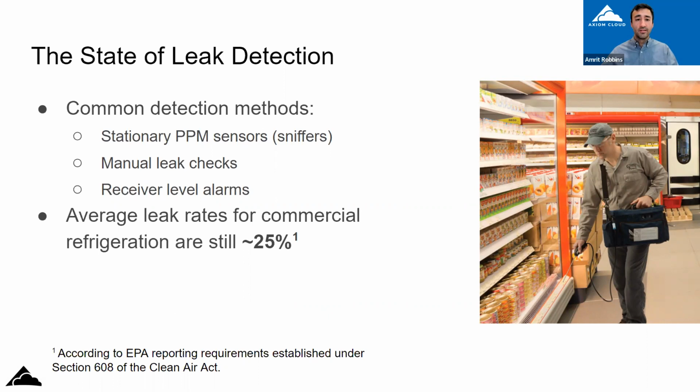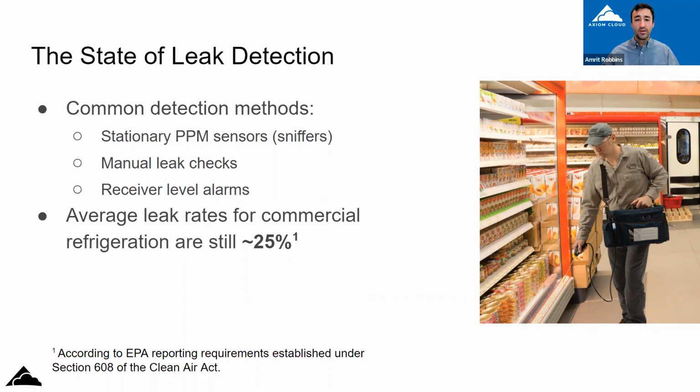And instead, they're relying on some of these other detection methods like stationary ppm sensors or sniffers, whether those are traditional or infrared, manual leak checks, which are typically done monthly or quarterly, depending on the charge of the store and the regulations, or receiver level alarms, where, especially if it's not an EnviroGuard with no charge in the receiver, you can monitor the receiver level using a digital or analog sensor over time, and ultimately determine if the receiver is getting too low as a leading indicator, or I guess a slightly lagging indicator, for a leak.